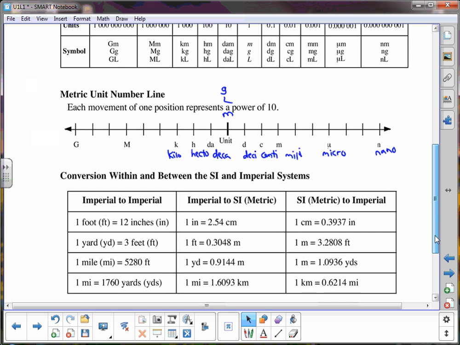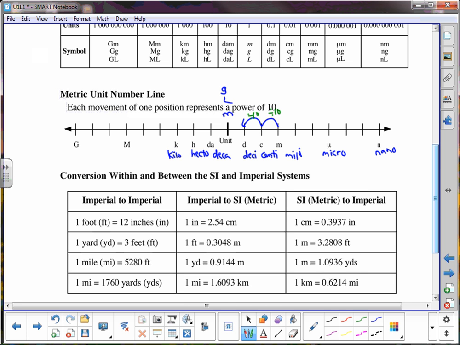So when we use that chart, we can use it to remember if we go from a small unit to a big unit, we're moving to the left, small to big. So is the number going to get smaller or bigger? Small unit to big unit, the number gets smaller, so each time we're dividing by 10.